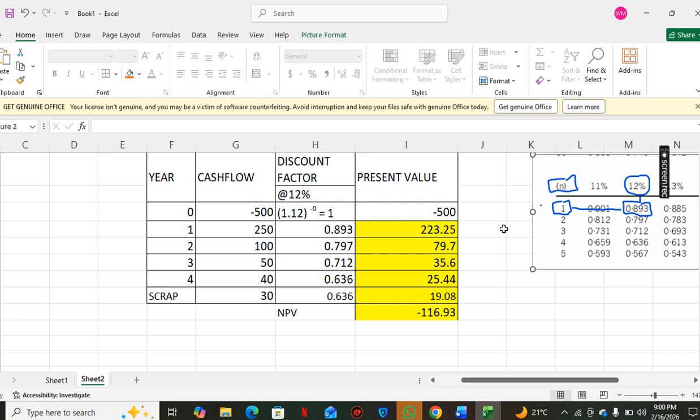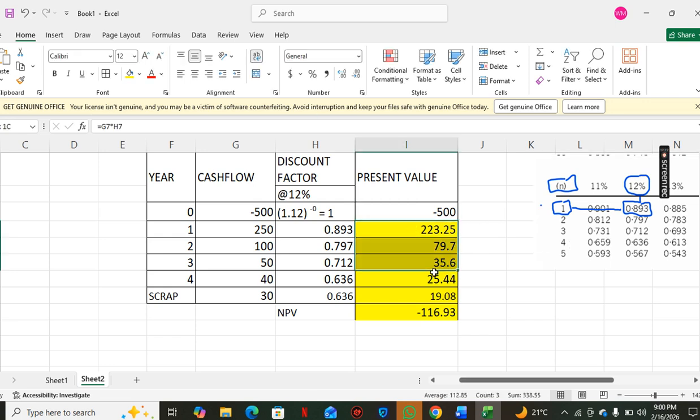Meaning this cost outweighs these returns. The cost of buying this equipment outweighs the money that this equipment is going to bring for you.